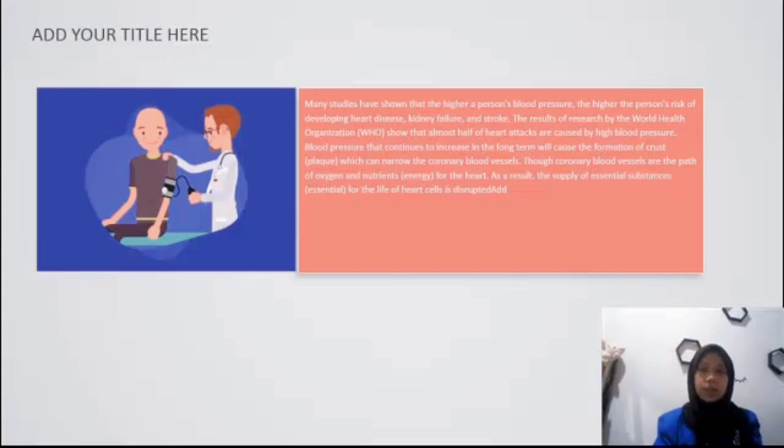Coronary blood vessels are the path of oxygen and nutrition, or energy, for the heart. As a result, the supply of essential substances for the life of heart cells is disrupted.